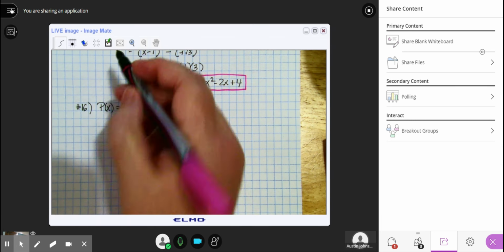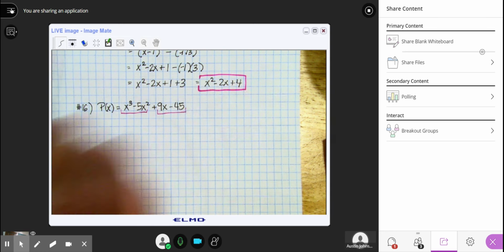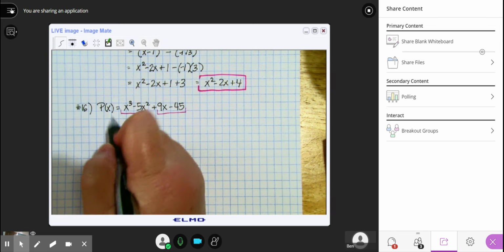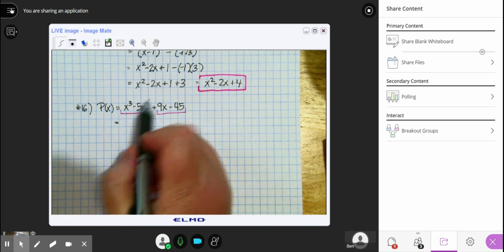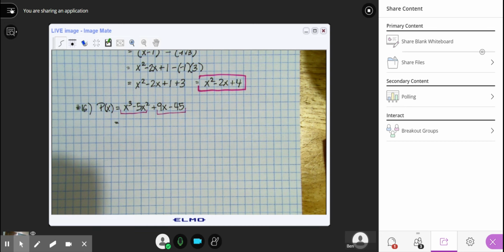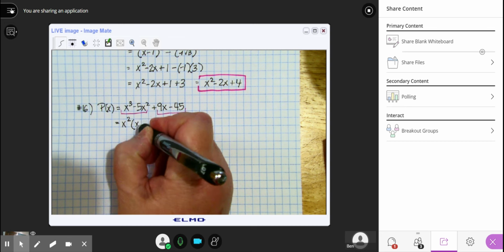Yep, we're going to factor by grouping. I'm going to look at those two, and then I'm going to look at these two. And if you look at those first two terms, what can you pull out of x cubed minus 5x squared? X minus 5.